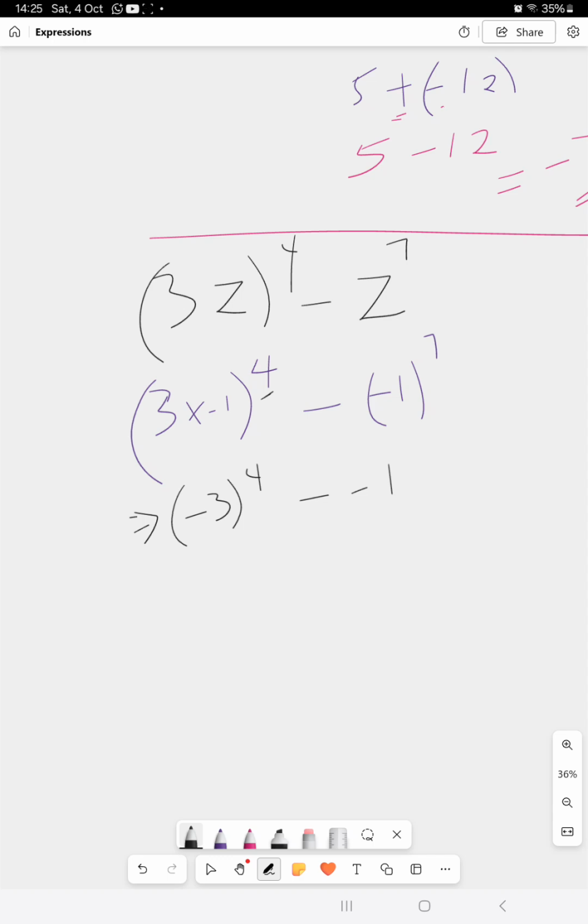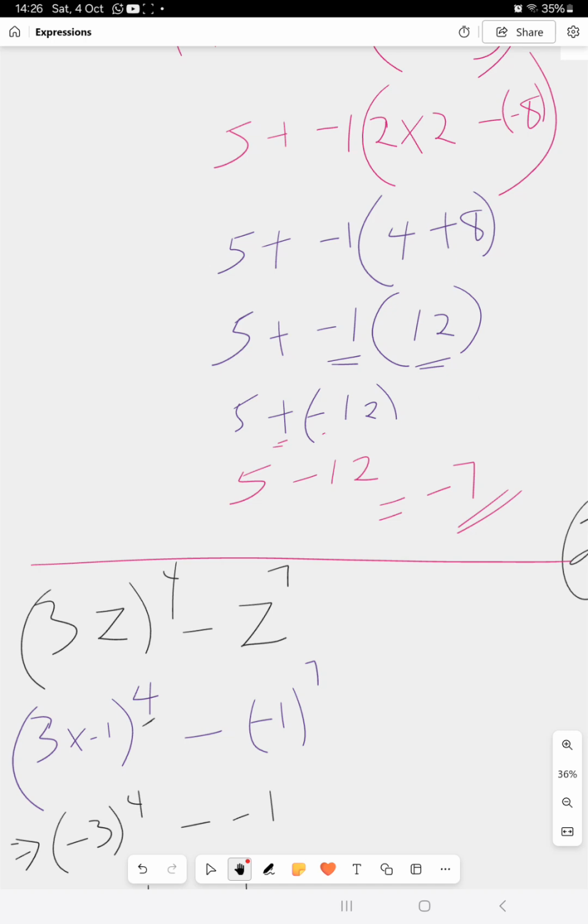So negative 3 power 4 is the same as 3 power 4, which is 81. Then minus 1, and this gives you 82 as the final answer.